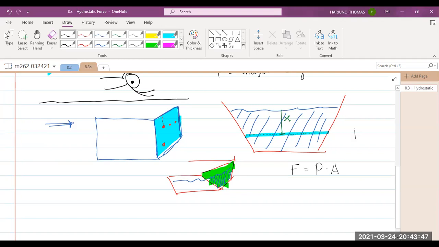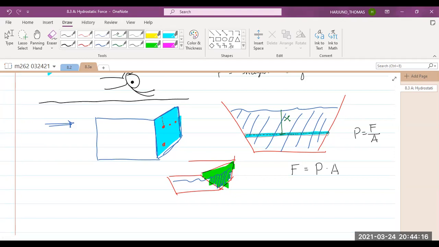Again, because pressure equals force over the area. So force equals the pressure times the area. Which area? The area of this very, very small strip. That's the force experienced along that shaded region.